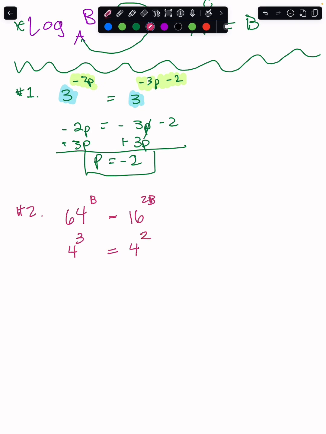But we can't forget that we started with the b, and we started right here with 2b. We got to multiply those. So now that our bases are the same, I can set my exponents equal to each other.